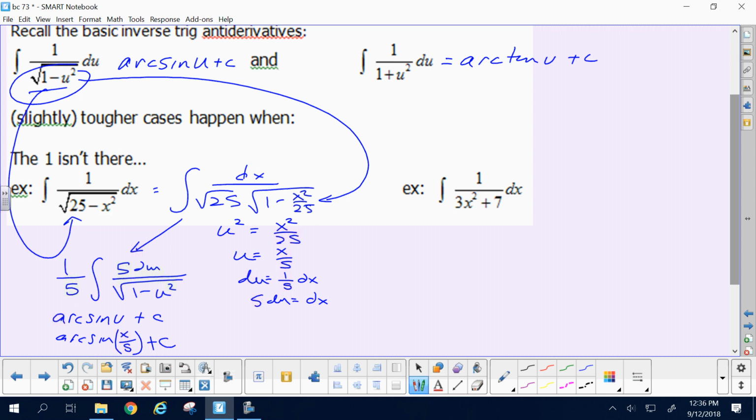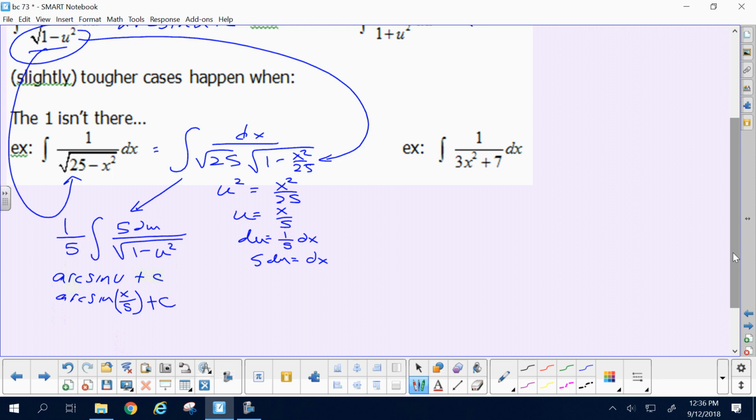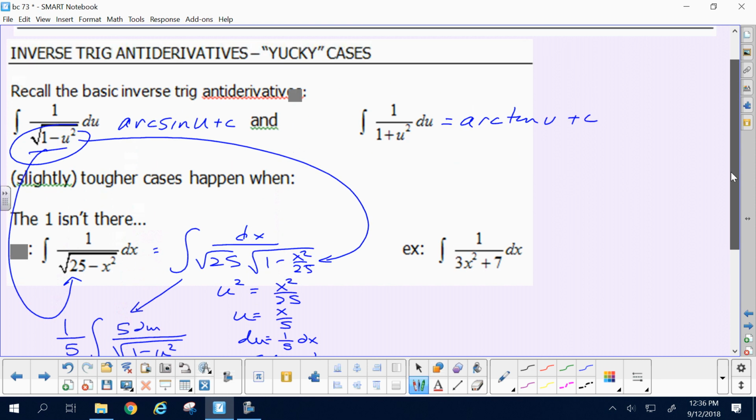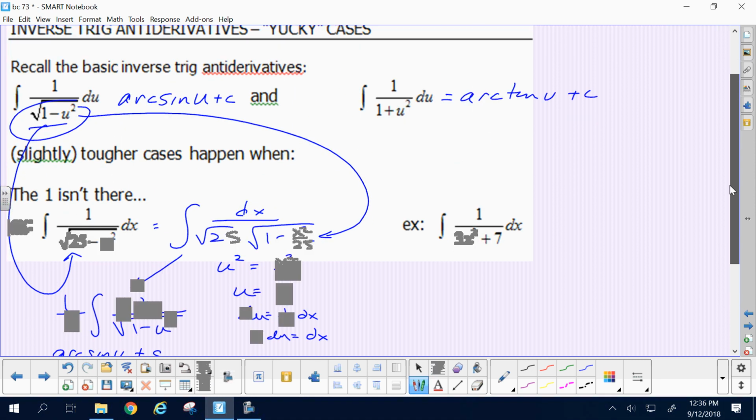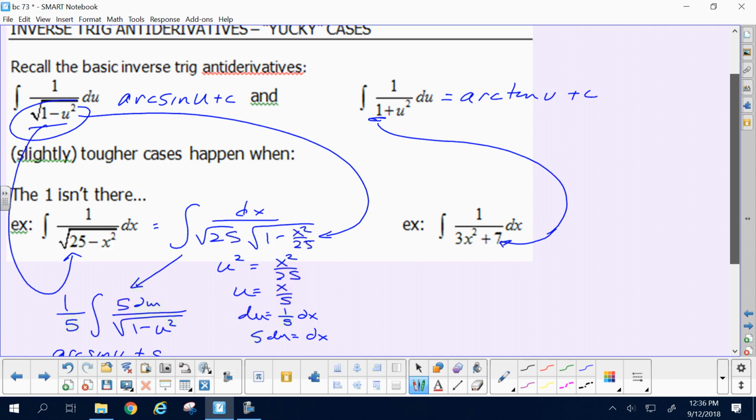Let's try another one. Actually, maybe you should try this one then. Do you get the point? Kinda. Okay, so for here, no root, addition, we think arctangent. Make the 1. This is the 1 that I'm talking about, the constant 1. How do I make that 1?